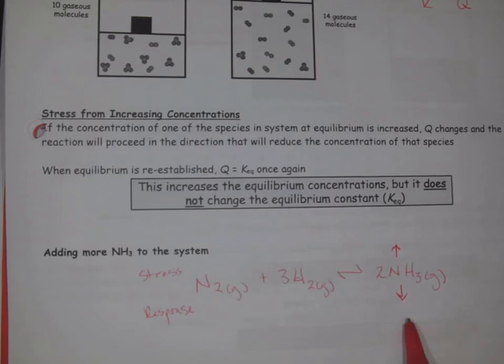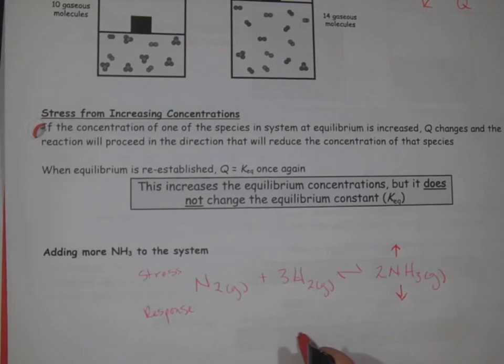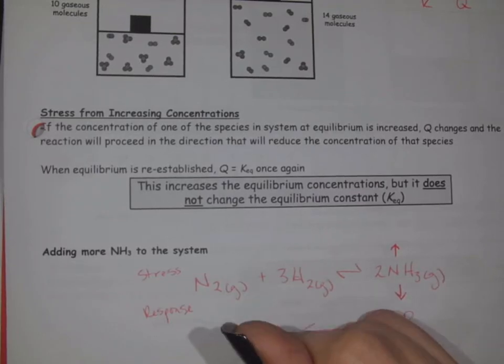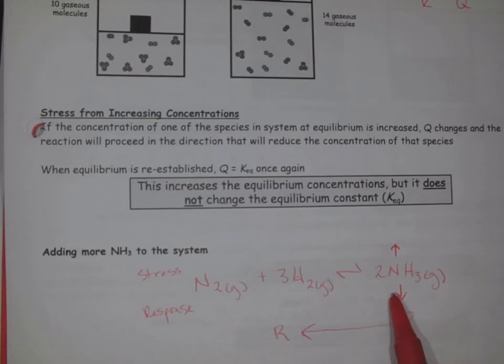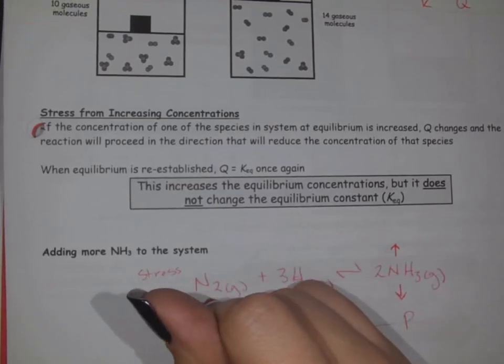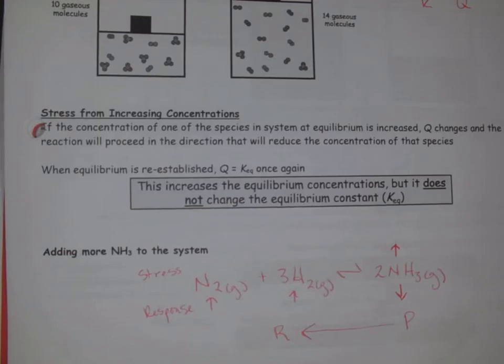Well, NH3 is a product, and how we decrease a product is by favoring that reverse reaction, okay? That we have products turning into those reactants, and so that would decrease the product, and that would increase my reactant.